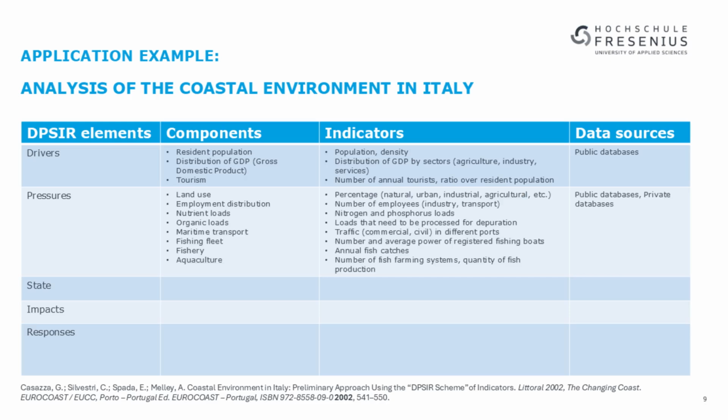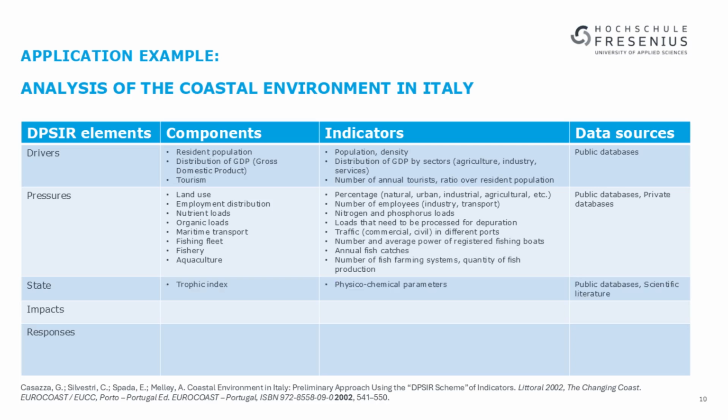For pressures, we have land use, which can be measured in percentage of each sector. Also, employment distribution or nutrient loads, maritime transport, and fishery. Each of these components has its own indicator.